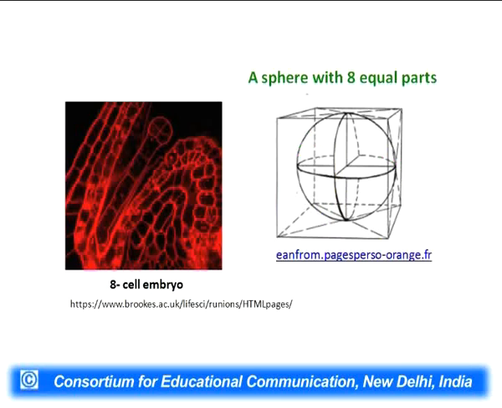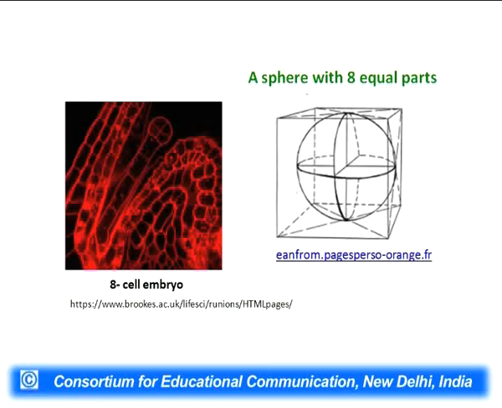This picture again shows an 8 cell embryo. So, the cells have divided 2 more times and there are 8 cells in this structure. Look at this, there are 8 cells and all the 8 cells are so uniquely compressed that the structure of all 8 cells is a globe or sphere shape.